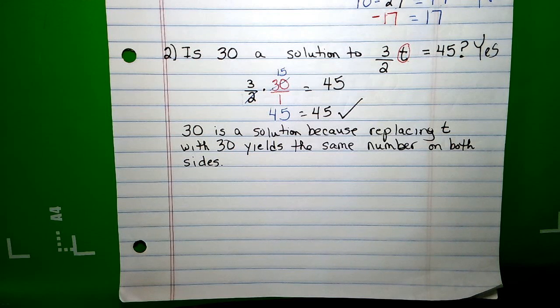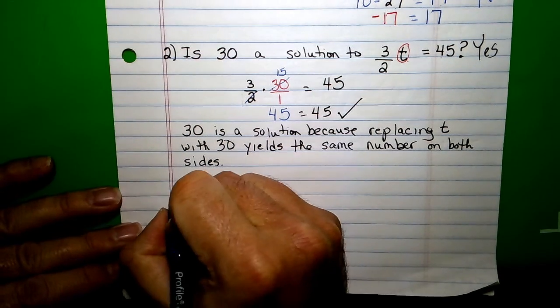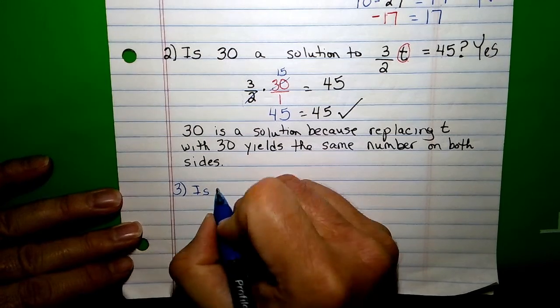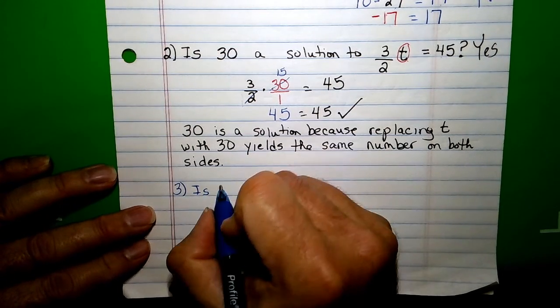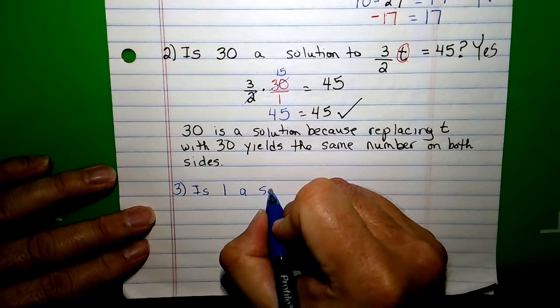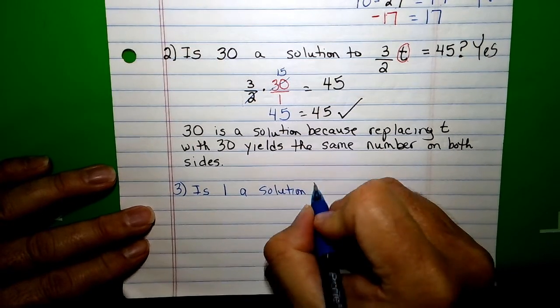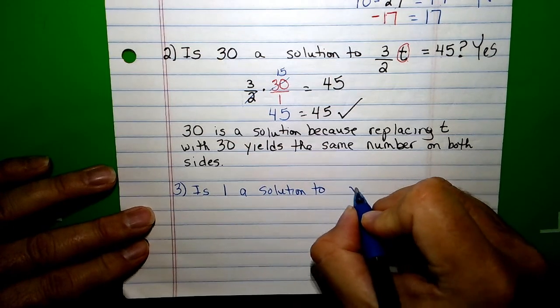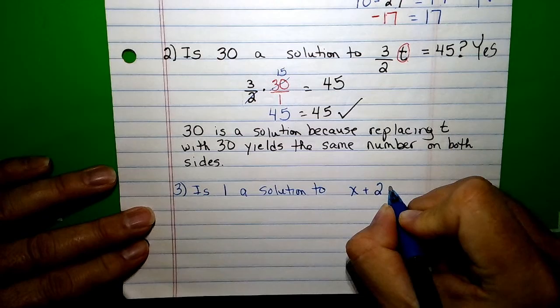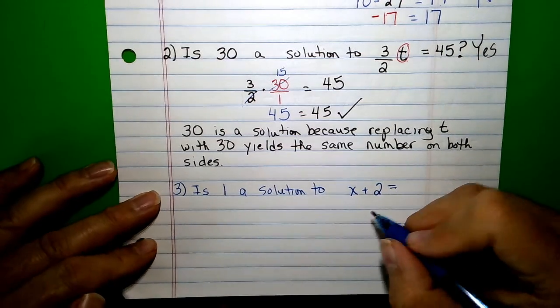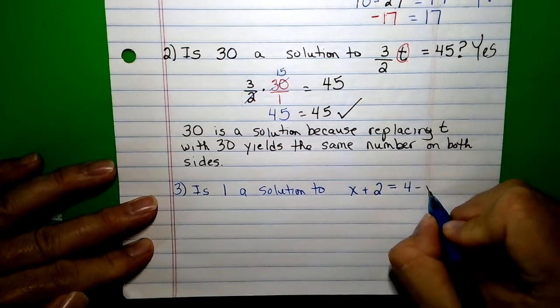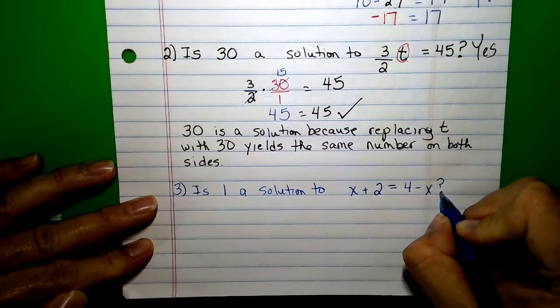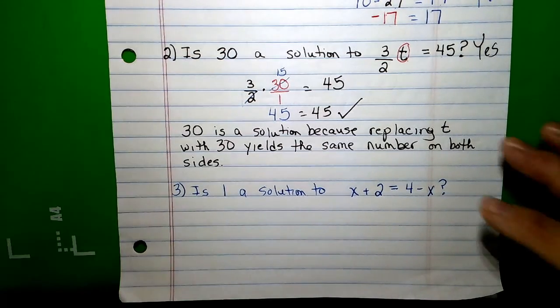Let's do one more. Is 1 a solution to this equation? x plus 2 equals 4 minus x. Again, a question mark. This is one of those yes or no questions.